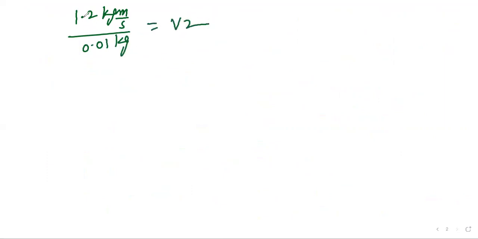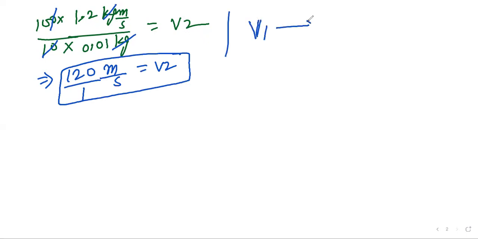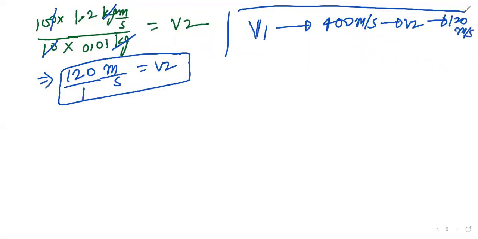You have to find it. Remove this point, you will get 10; remove this point, you will get 100. So this cancels with this one and you will get 120 divided by 1. Kg and kg will be cancelled. So it is 120 meter per second. So the velocity is reduced to 120 meter per second, right? Initially it is moving with 400 meter per second, and the final velocity comes out to be 120 meter per second. So this is the answer.